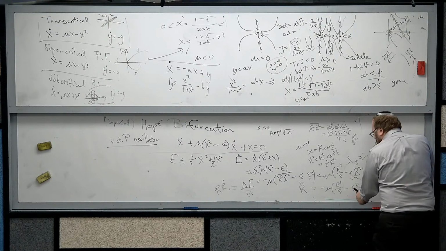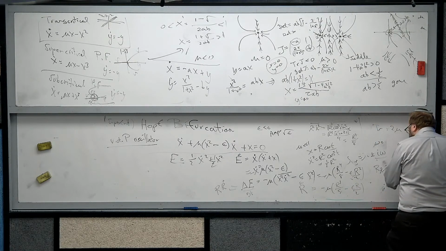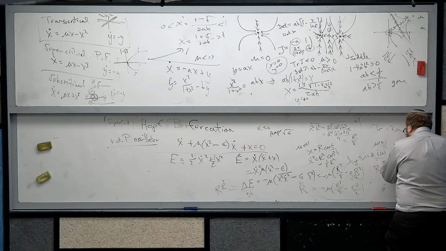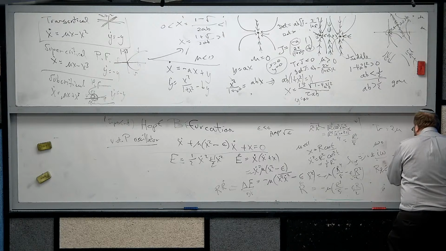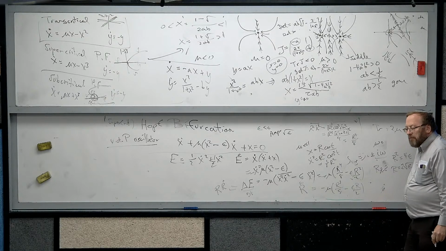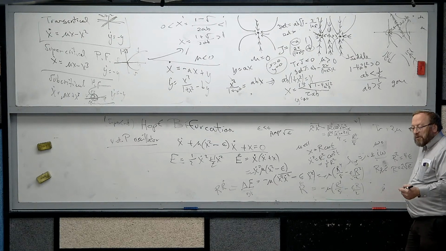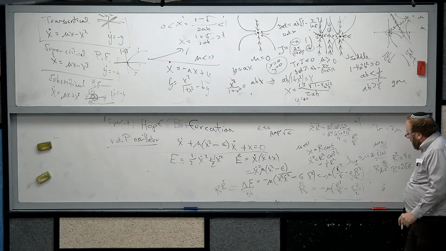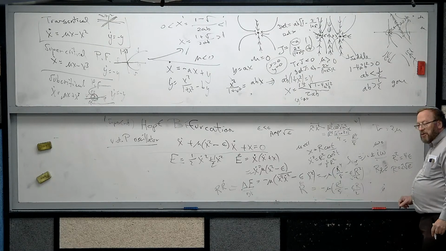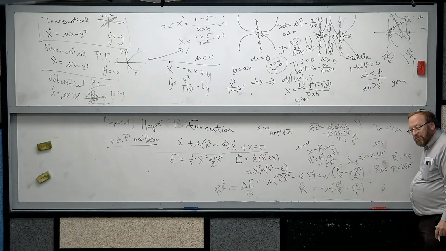R of the limit cycle is when r dot is 0, and therefore we get that r squared equals 4 epsilon. So r equals 2 times the square root of epsilon. In fact, what we got before was epsilon was 1, and we had a radius of 2. And so in the small mu limit, r is 2 times the square root of epsilon, independent of mu.